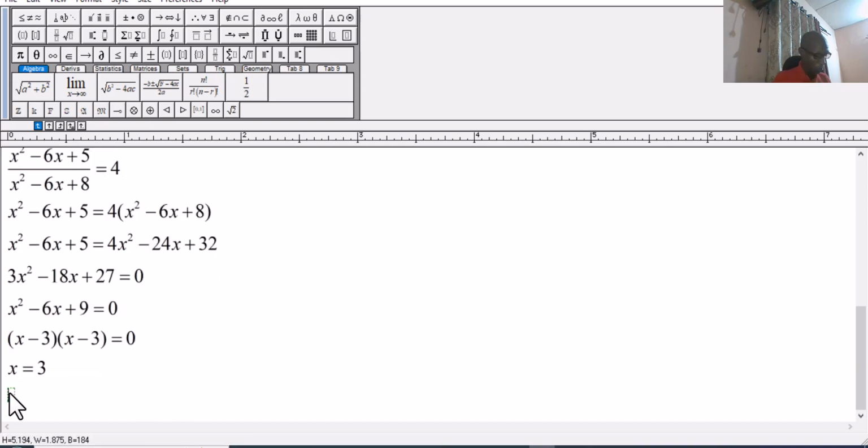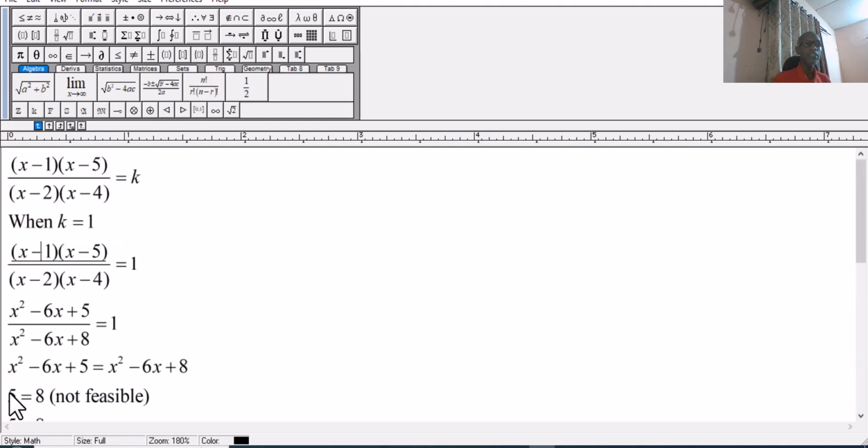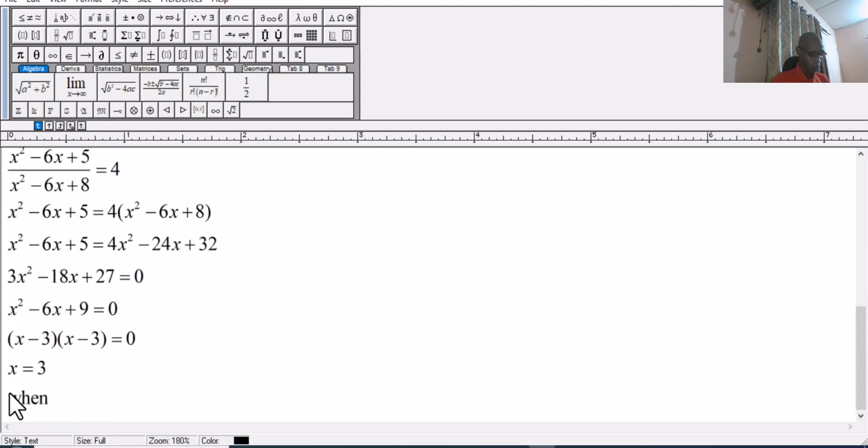That is, when this equals 4, our x is equal to 3. So this is the only time.